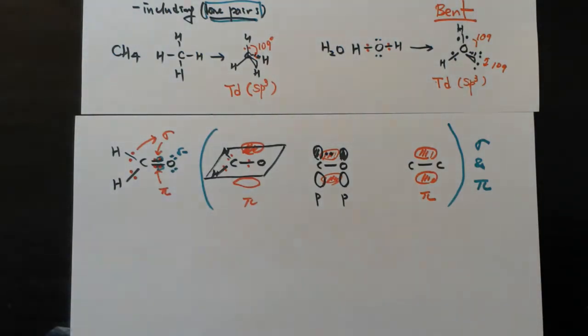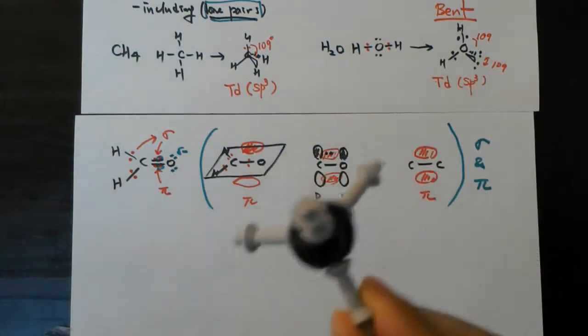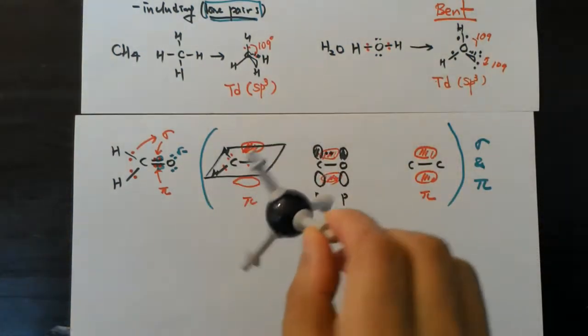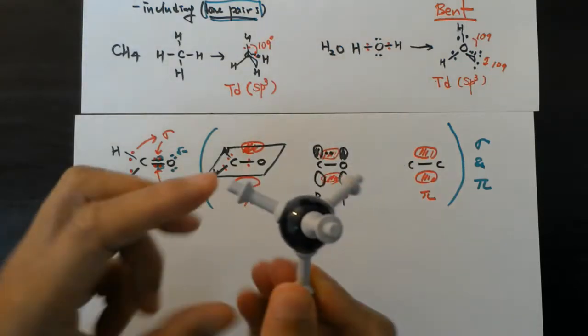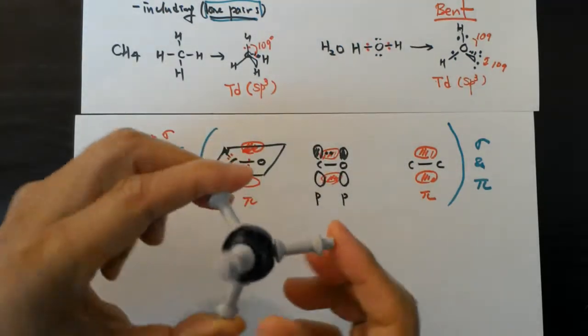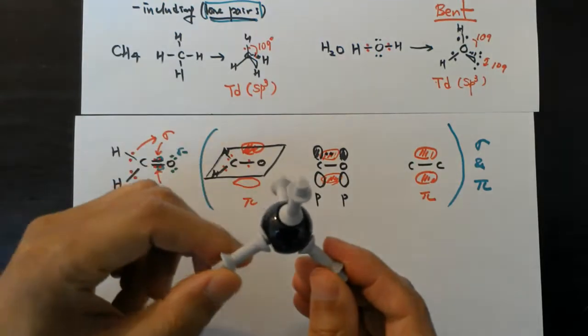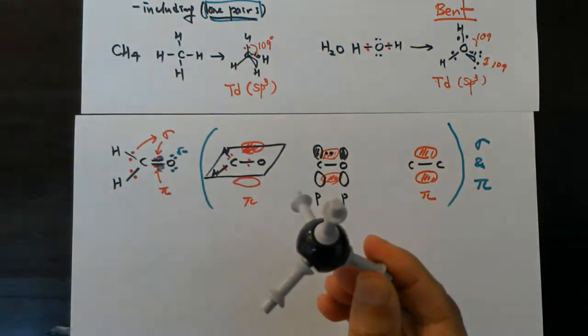When I showed you before, 4 electron pairs on the central atom, this is the best geometry, tetrahedral, having equal repulsions, the maximum distance possible.